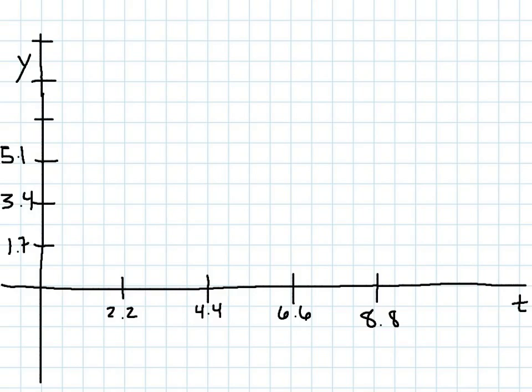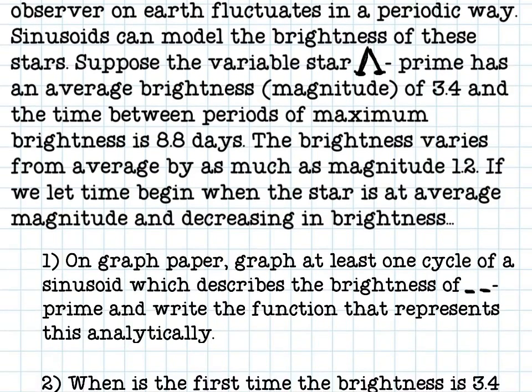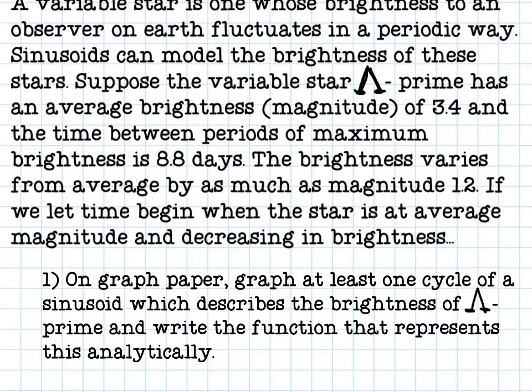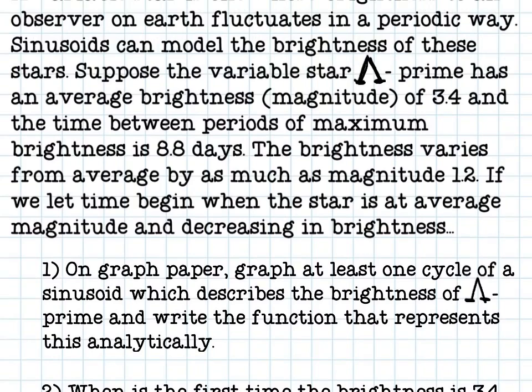And I think that's all we'll need for this. So if it's average, think about what they said at the beginning. They want us to draw a graph of at least one cycle and write an equation. So if it varies in between that by 1.2, you're going to start your graph at average and it is decreasing.